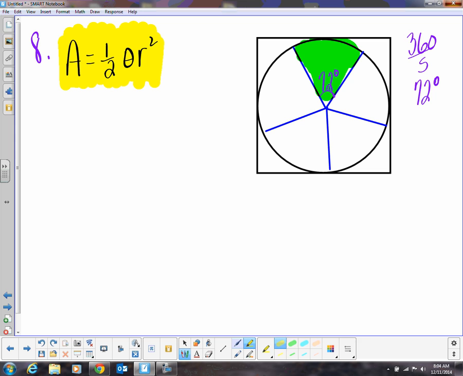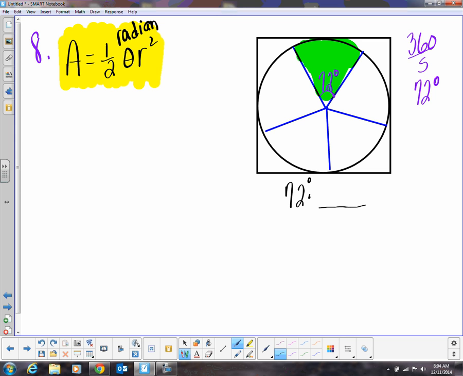So what must be true about our angle? To use this formula, you need theta in what form? Radians. Remember that must be in radian measure. You all were awesome on changing degrees to radians.